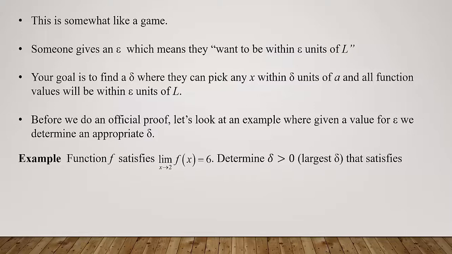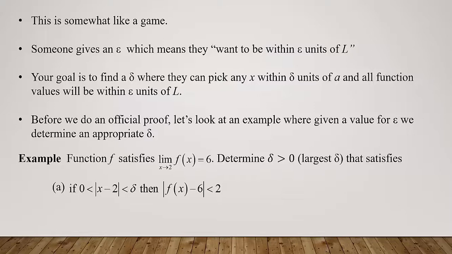Don't know what the function is, don't care. We're going to determine the largest delta greater than 0 that satisfies, in part A: if 0 is less than the absolute value of x minus 2 is less than delta, then the absolute value of f of x minus 6 is less than 2.